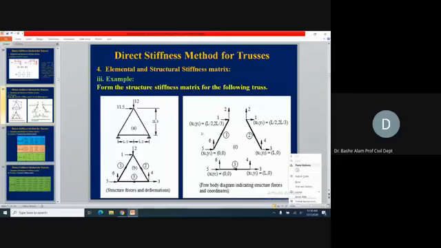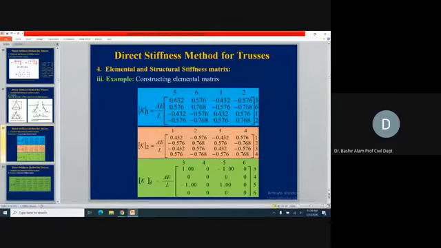Now we were having cos square theta. So here this one should be coming from the cos square theta. So how much is this coming?